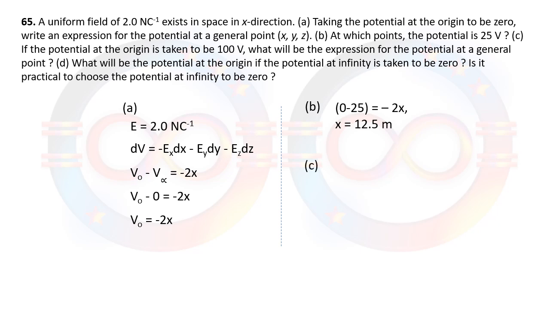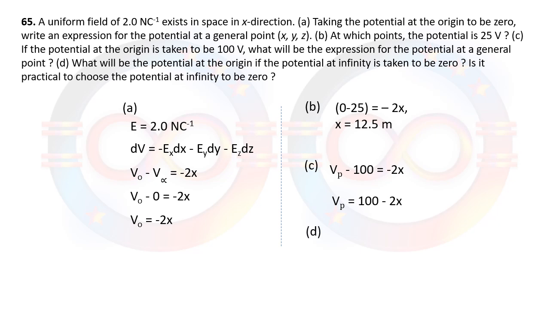So C part is asking in the question, if the potential at the origin is taken to be 100 volt, what will be the expression for the potential at a general point? So a general point we can take P, so Vp minus 100 is equal to minus 2x as per the relation in A, and then Vp is equal to 100 minus 2x, that would be the relation. If x is known, you can find the potential at any point.